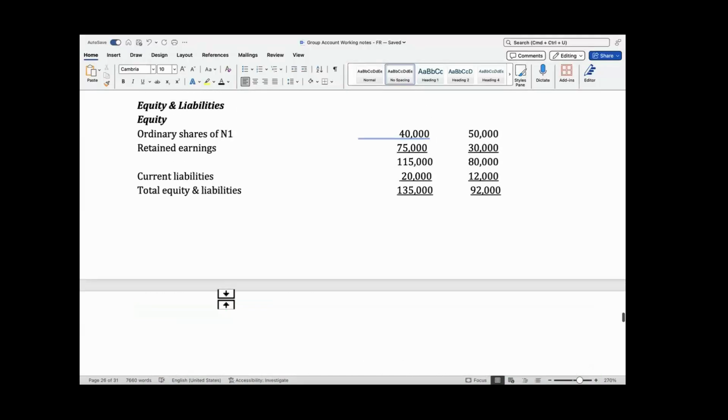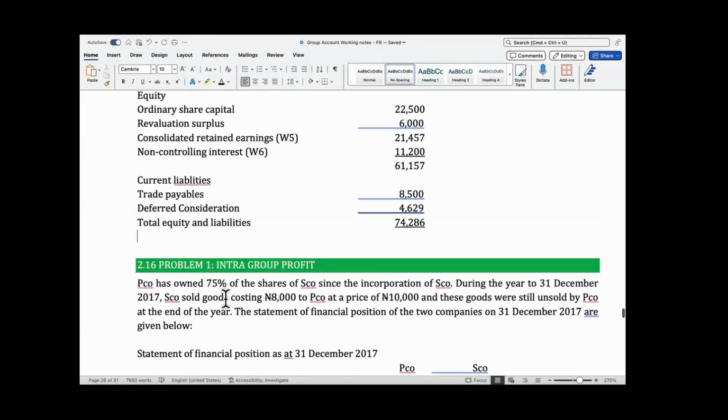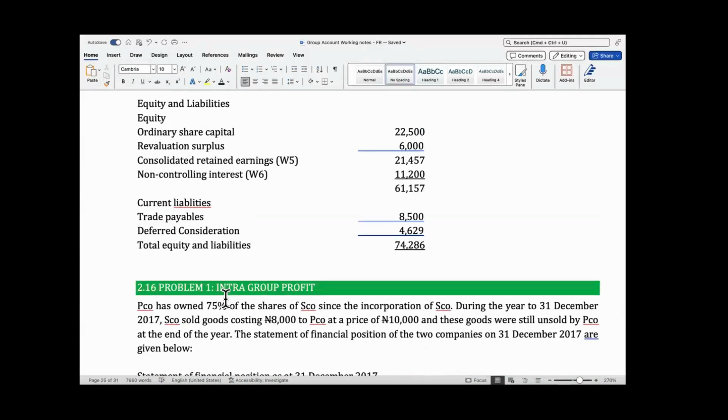Now, there are just three things left that you will see in other questions. Number one, you will now be seeing a situation whereby the parent and the subsidiary consummated transactions and are now making profit from one another.